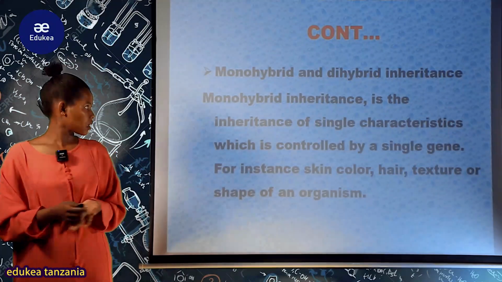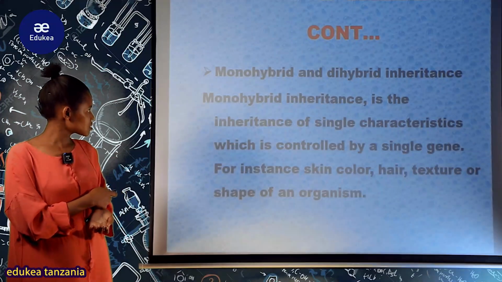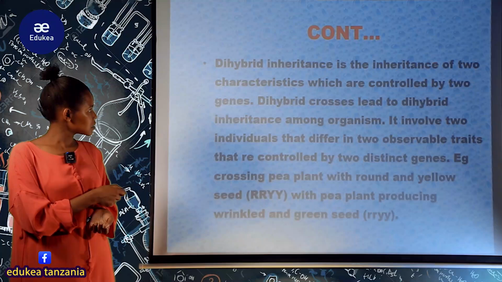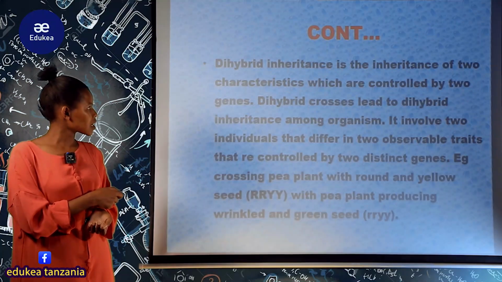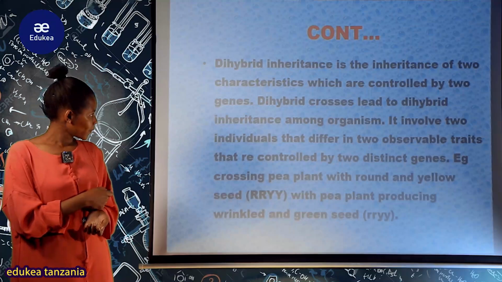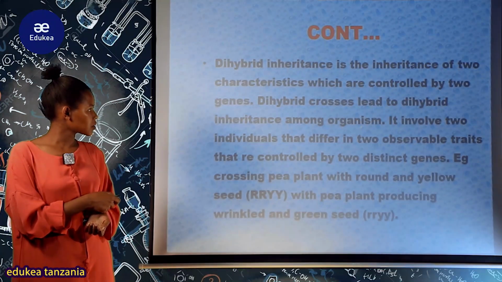And this is the next term to monohybrid inheritance, which is the inheritance of two characteristics which are controlled by two genes, as I already explained. And dihybrid process leads to dihybrid inheritance among organisms.